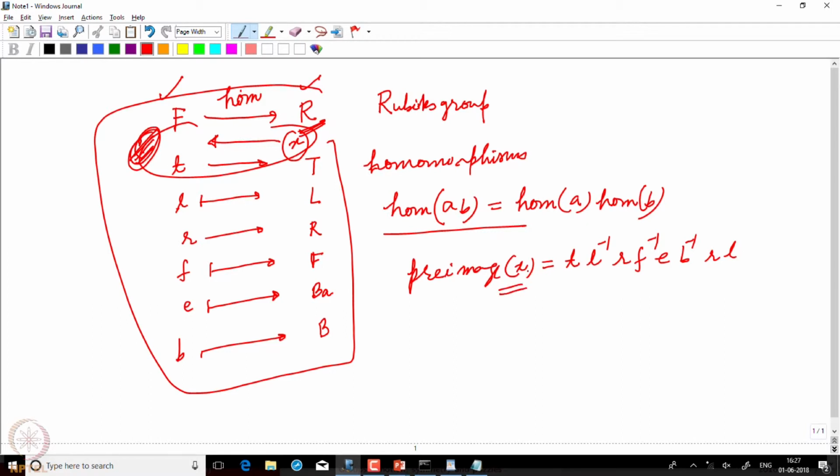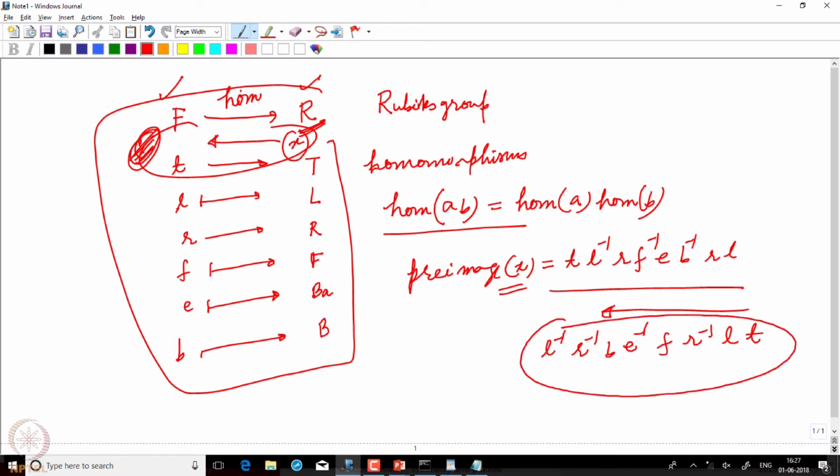So in order to get the identity element, what do I do? I just start from the other side, right? L inverse, R inverse, B E inverse F R inverse L T. So when I apply this move, then I will be solving my cube. So this tells you how I have obtained this state from the identity, right? How I have reached this state from identity.